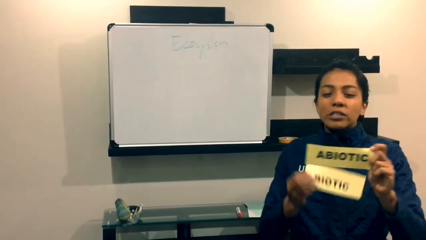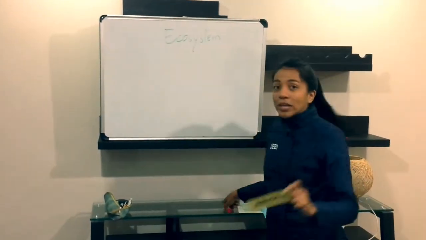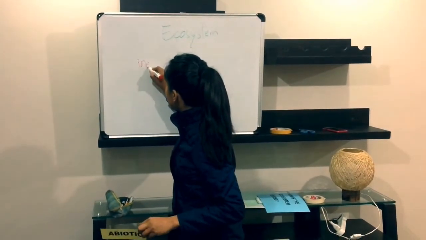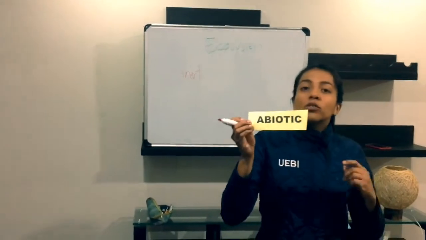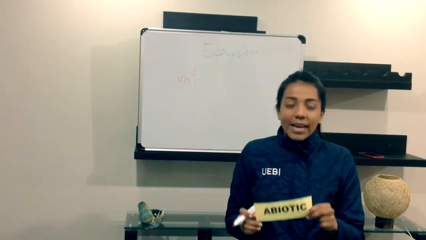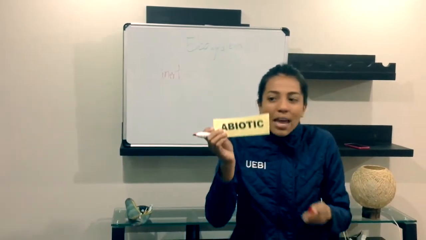Now, something important to mention about the abiotic is the difference between abiotic factors and inert things. Abiotic is going to refer to things that have never been alive. Example, a rock has never been alive. It's going to be abiotic.